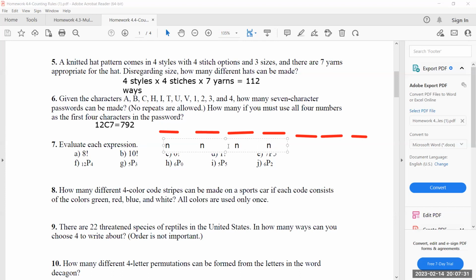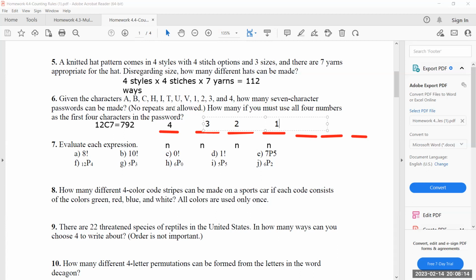Now, the other characters can come from this list, right? So now, how many numbers do I have? I only have 4 numbers. So I have 4 options for the first number, and assuming that I cannot repeat them, I have 3 options for the second one, 2 options for the third one, and whatever the leftover number is for the last one, right?